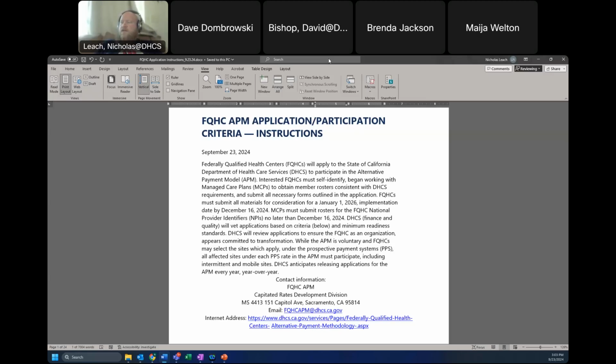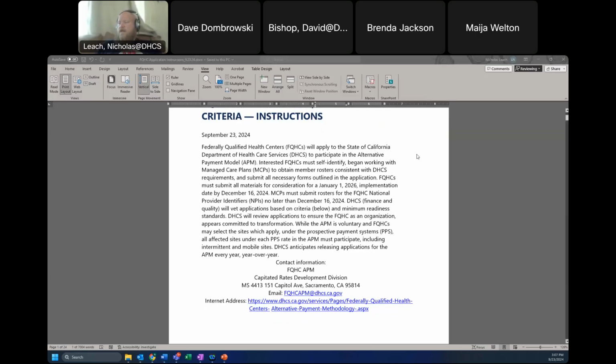So this is the instructions for the application, not the specific application itself. We are looking to have all of this information sent back to us in order to apply for the program by December 16th, 2024. So this is the kickoff, with all the documentation being released through email, as well as then posted to the website.